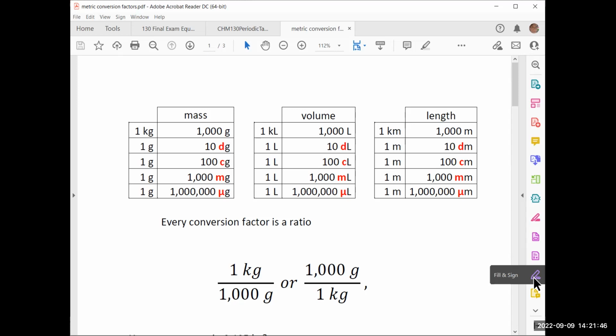All right, well, let's talk about the metric system, as far as the units that we utilize in science here. For mass, we use the symbol g for gram. In general, that is the most common symbol that you would use, g for grams. The volume is a capital L for liters, and the length is lowercase m for meters, okay? Now we use prefixes. So we can put a prefix in front of our symbol.